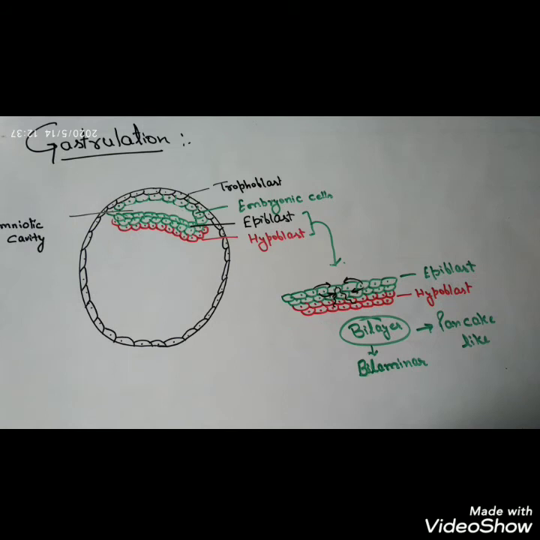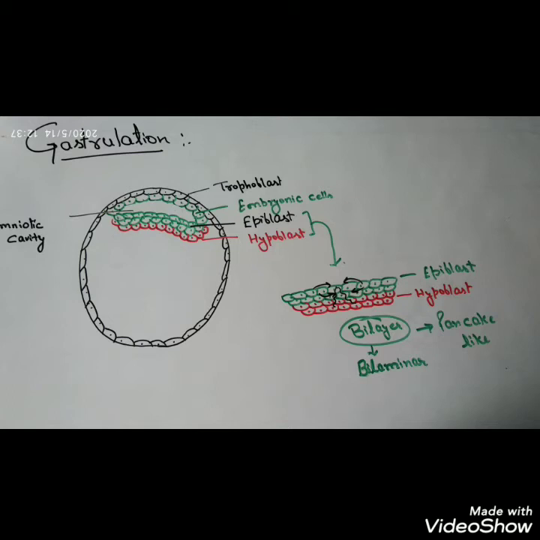These layers undergo changes which result in the formation of three germinal layers. And what are these changes? The cells in the epiblast and certain hypoblast cells started merging in the center.